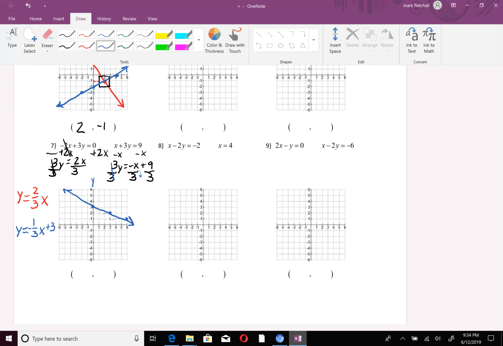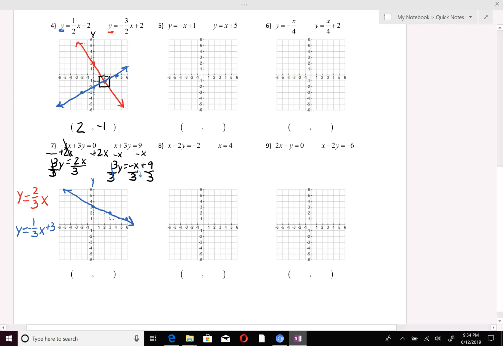And then for our red line, we don't have anything for a y-intercept like we did here. So you can think about it as a +0, or we start right where our origin is, so at (0, 0). And then our slope is up 2, to the right 3.